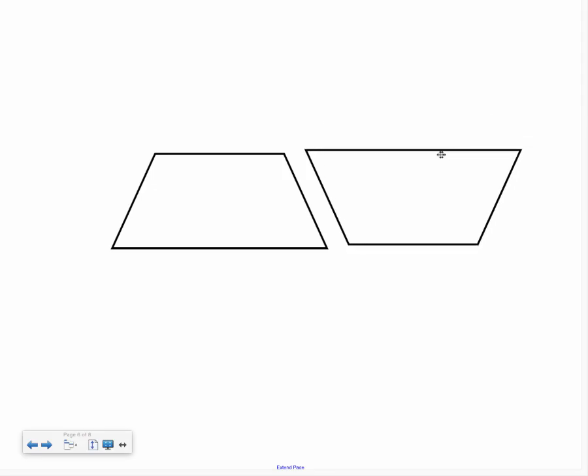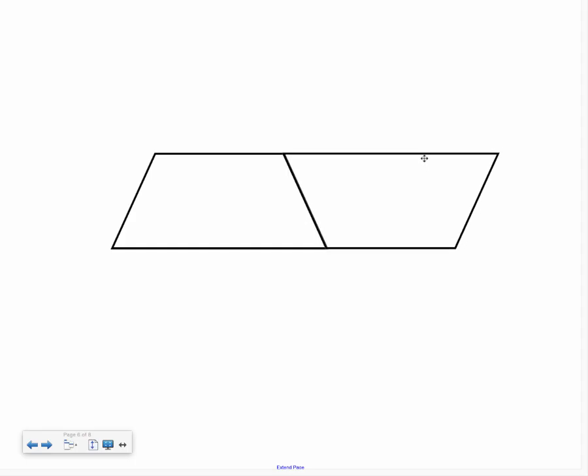Once I split this up, I have taken the base of my parallelogram, and the base has gotten split up between 2 separate pieces. So it's gotten split. We're just going to call the pieces base 1 and base 2.